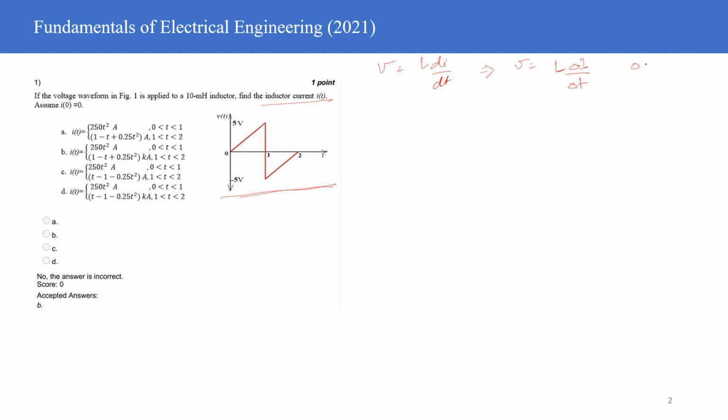Now if delta t is tending to 0, then for voltage to have a finite value, it will require that delta I also tends to 0 if delta t is tending to 0, because only then can this ratio be of finite value.